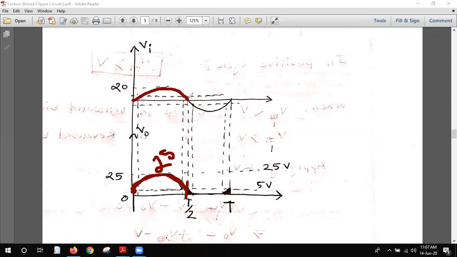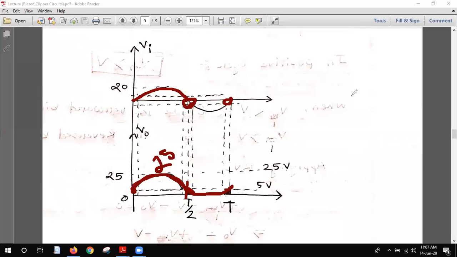And in the negative cycle, this small portion is forward biased, and this small portion is forward biased. So in this small portion, the voltage will be something like that. But in the middle portion, it is reverse biased. That's why the output is 0.